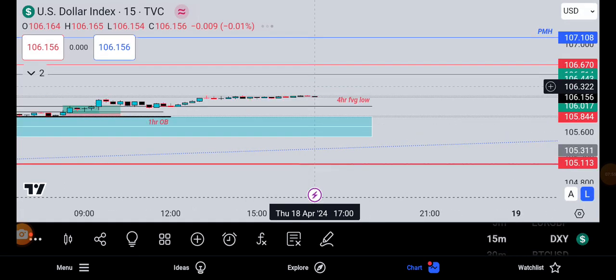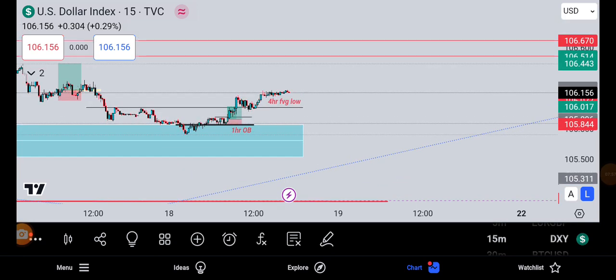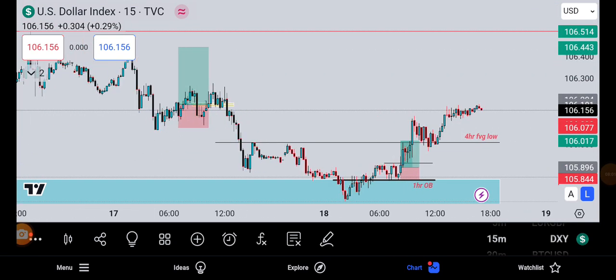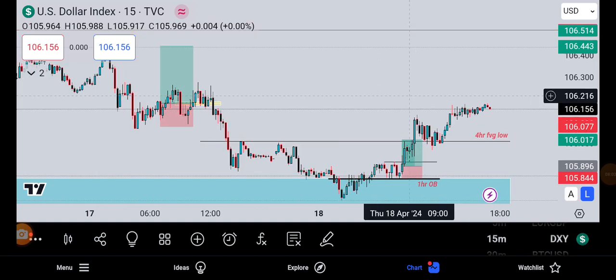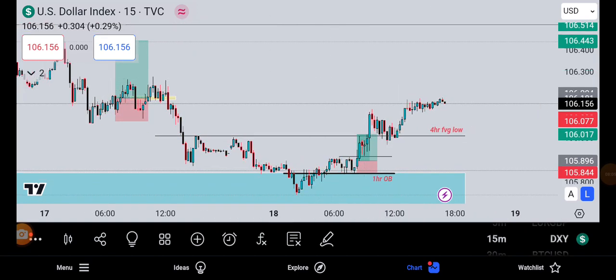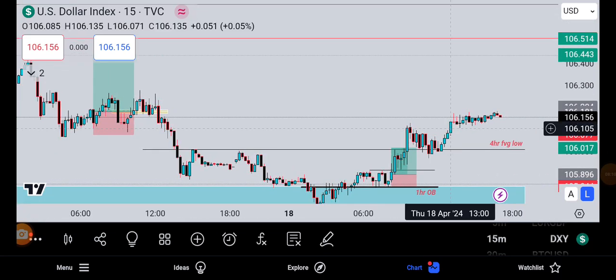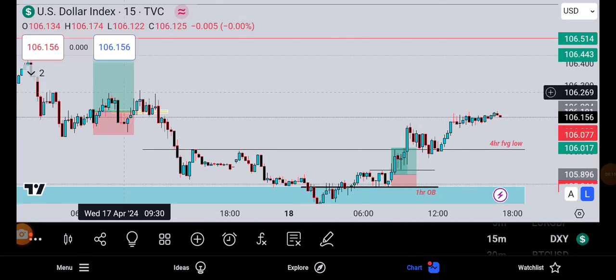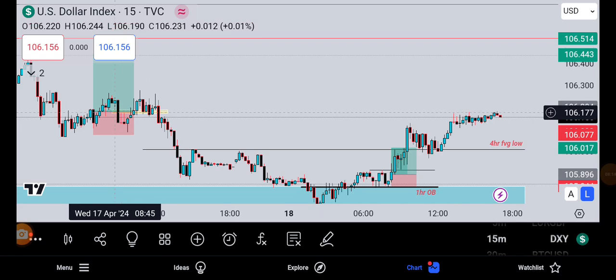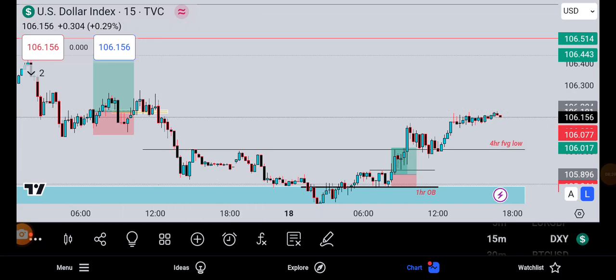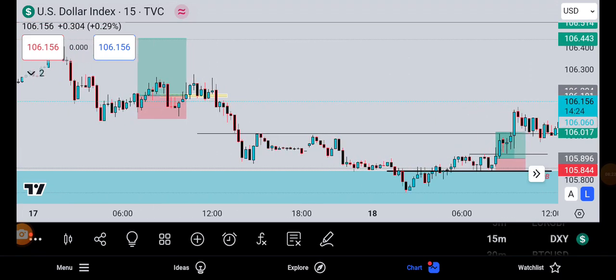So the mistake I made yesterday is I was married to my bias. If I had been open with my price reads, because we can see over here we have these bullish arrays being disrespected, right? We have this volume imbalance. It was respected, but again over here it was disrespected. We can see how we had these displacements.